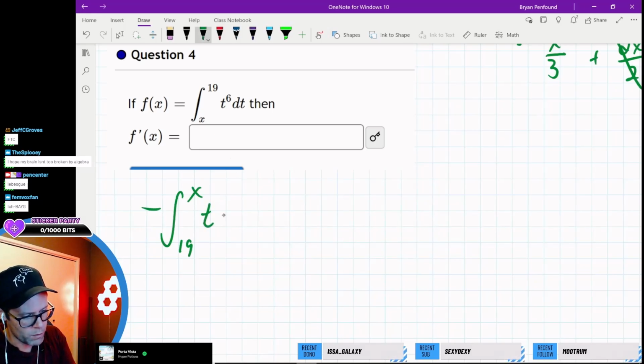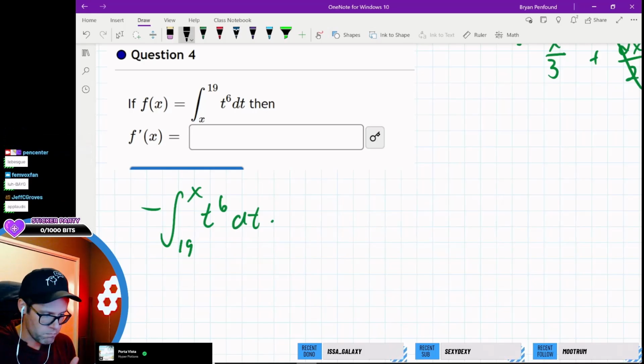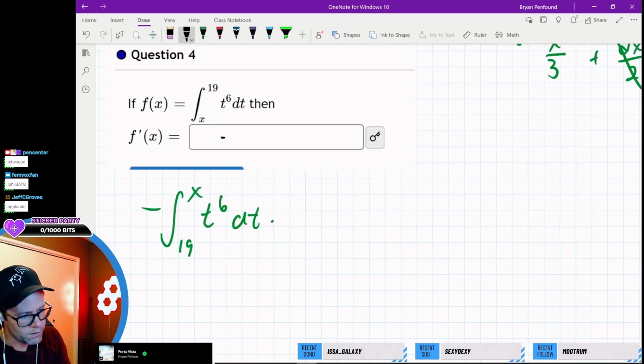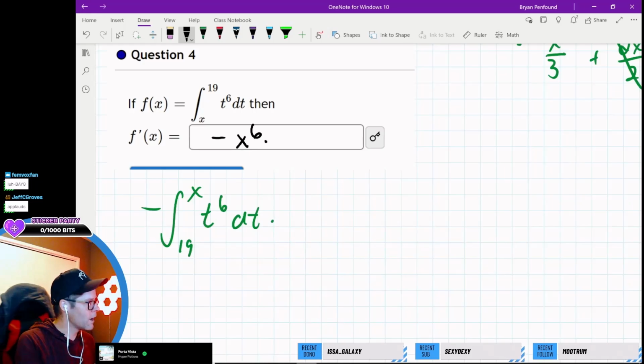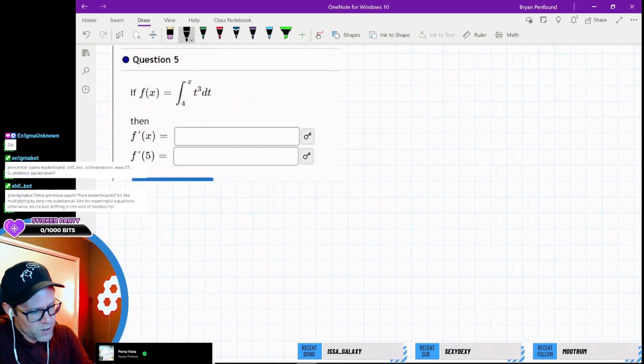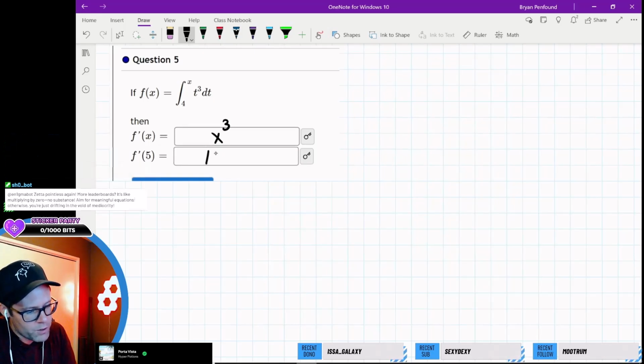Absolutely, that is what we want to do. And then once we have that, we can just take the derivative, and it should be -x to the 6. Boom! Nicely done. So if we take the derivative of this, we should get x cubed, and then the derivative evaluated at 5 should be 5 times 5 times 5, which is 125.